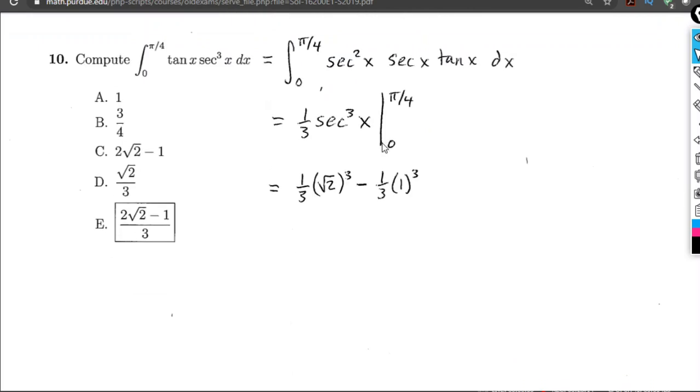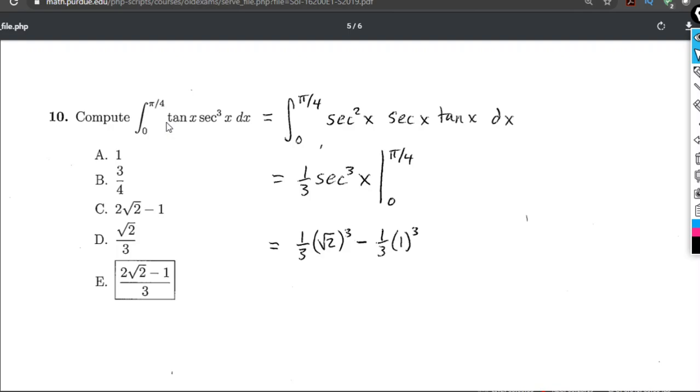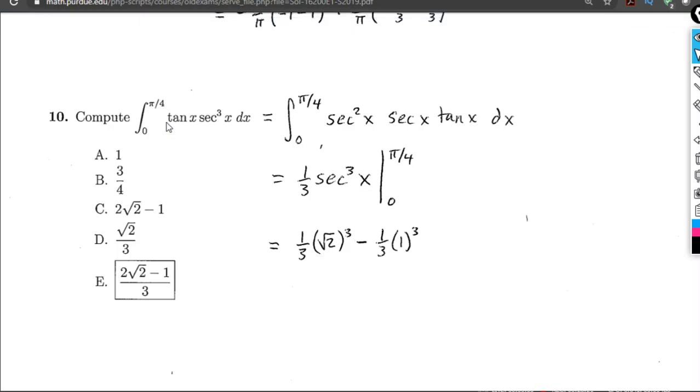For number 10, we have a trig integral, in a sense. So see that tangent and secant is a good combo. Tangent and secant are both odd powers, so we can separate out one of the tangent squares, as seen here and here.